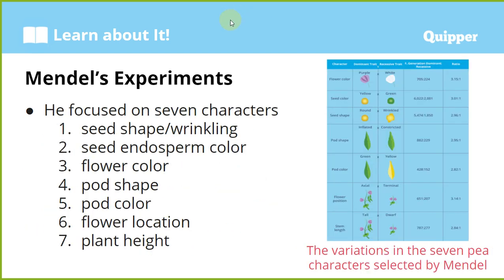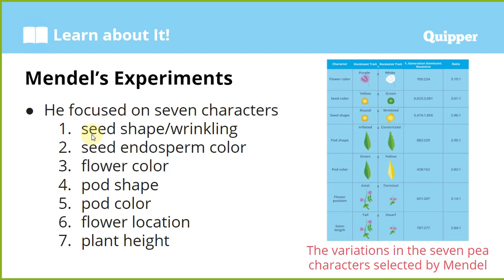So, ano yung kanyang focus of experiment? Nag-focus lang siya dun sa characteristics, characters ng pea plant. These are the 7 which I've mentioned some of them. Number 1, we have seed shape.